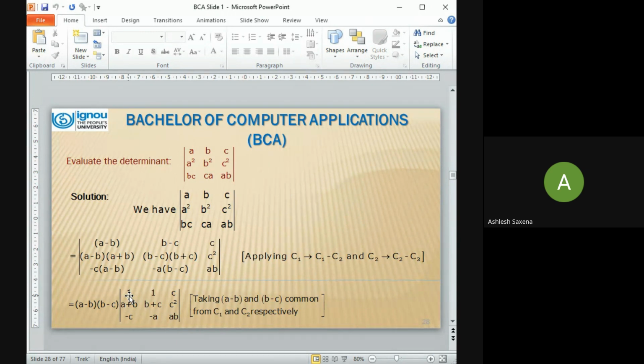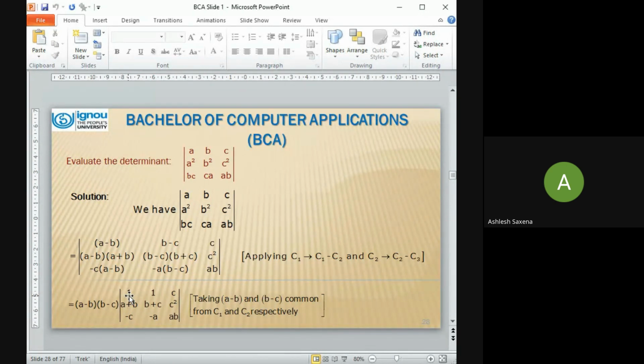We can see that nothing can be taken as common. Second, if squares are there, then try to subtract something from something. Why will subtraction be done? Because you will be in a position to convert that into A plus B into A minus B. So what I did, C1 tends to C1 minus C2, and C2 tends to C2 minus C3.